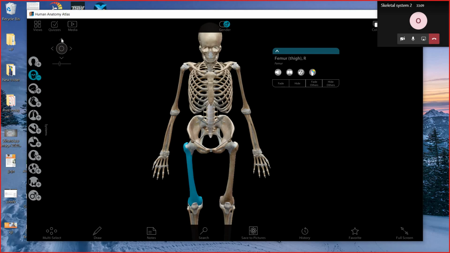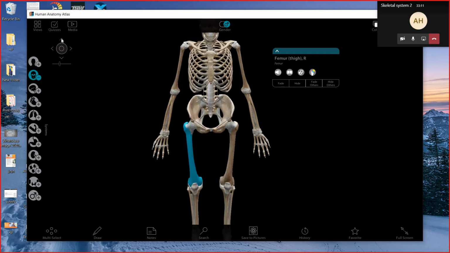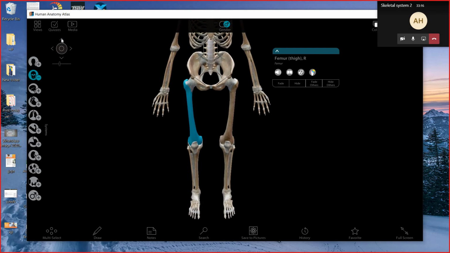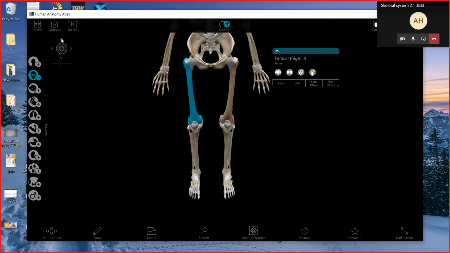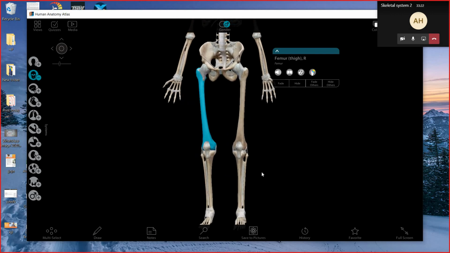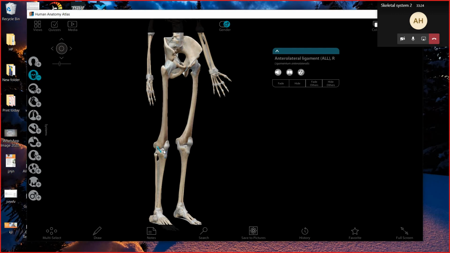If we go down, we can see the knee joint. Inshallah, when we study the joints, we will study the structure of the knee, because the knee joint is very complicated.